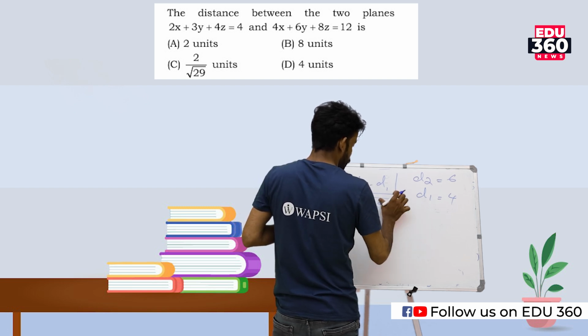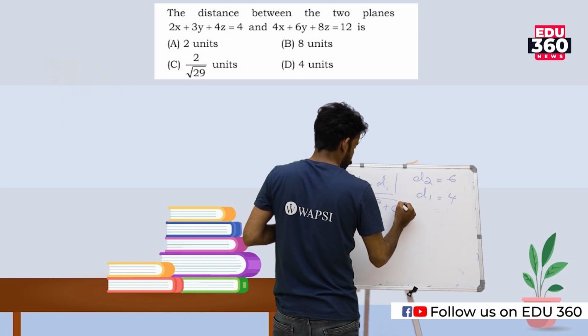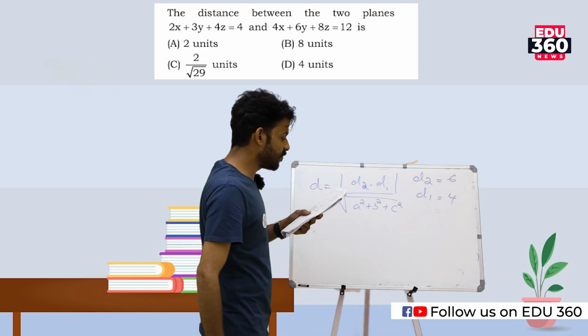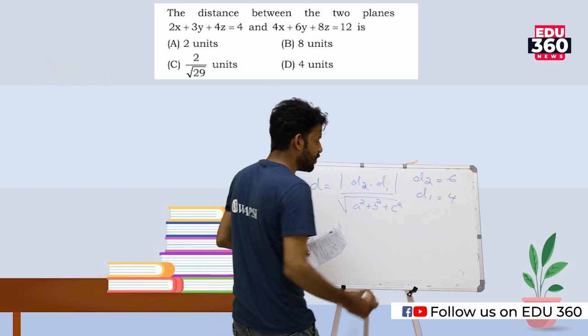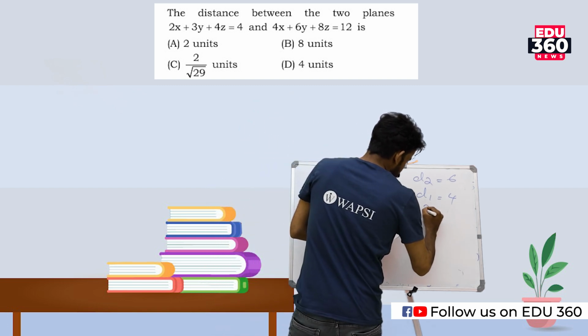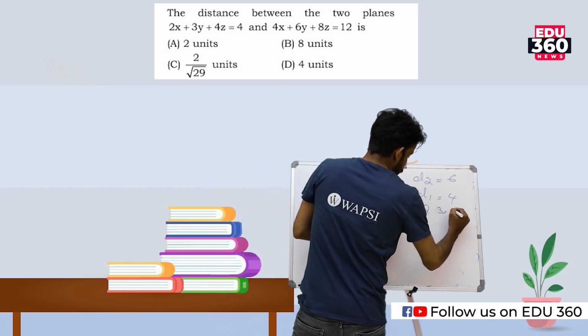What about a, b, c? We know that a, b, c are 2, 3, 4.